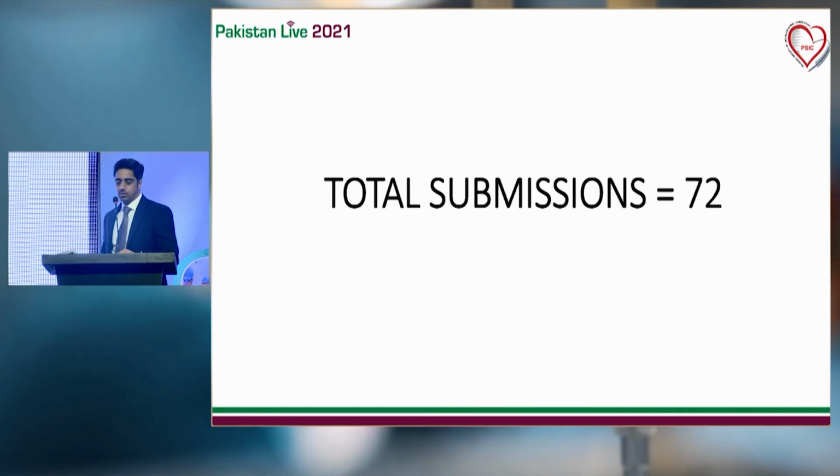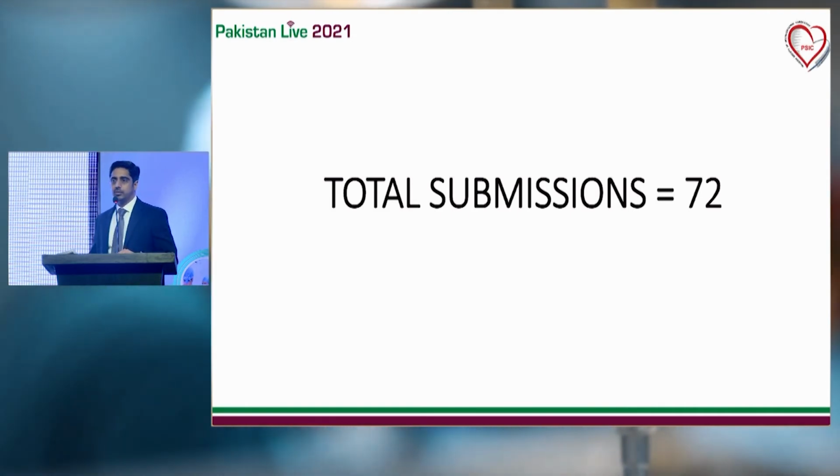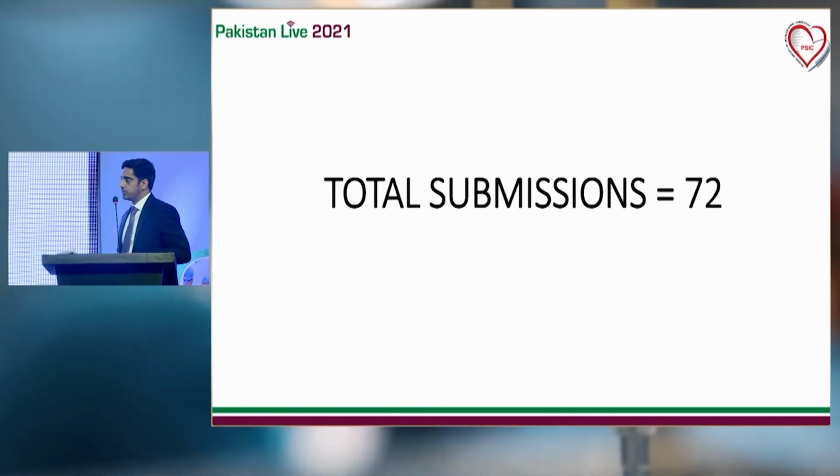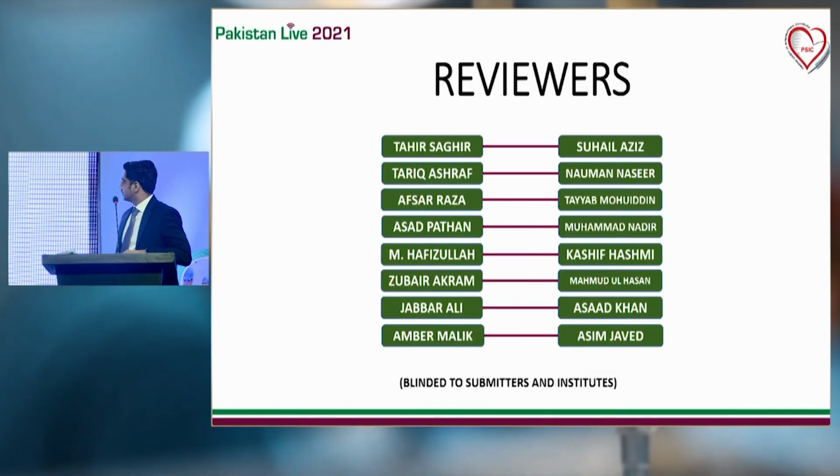Okay, so we observed quite a bit of enthusiasm the way we received the cases. So there were a total of 72 submissions that we received, through an online system that you all know.